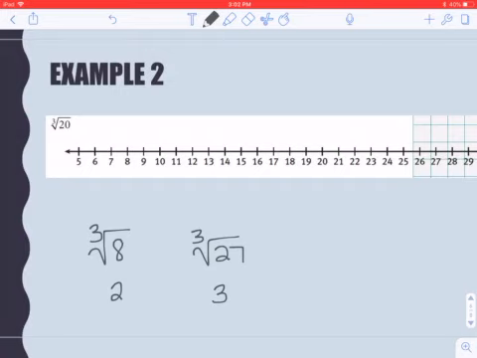Let's mark right here. Here's 27. Here's 8. Here's 20. This is 2. This is 3. And this is what we're trying to figure out. So let's see. 17.5 is our halfway point. That's 2.5. So 2.6, 7, 8, 9, I don't know.